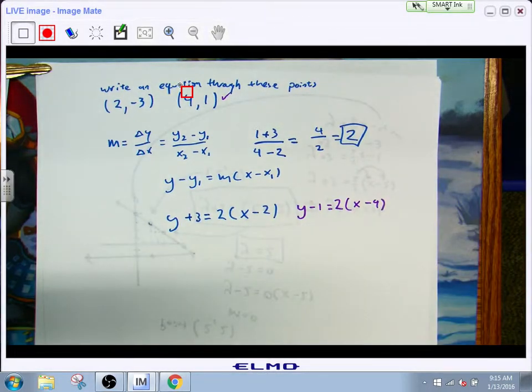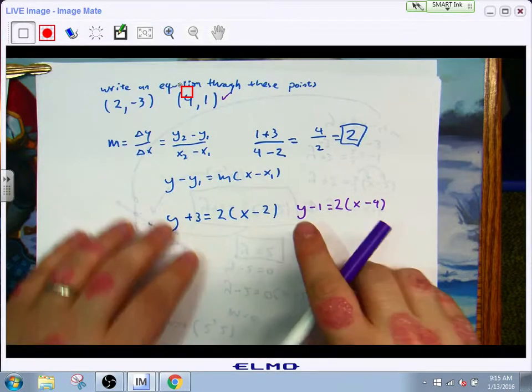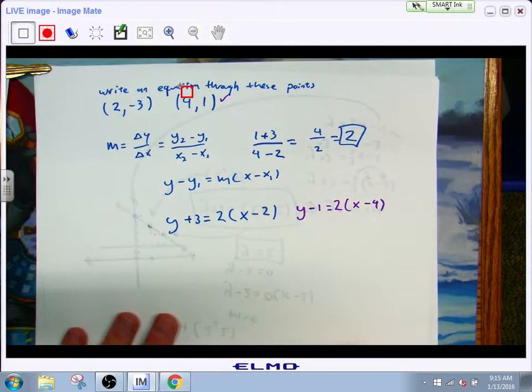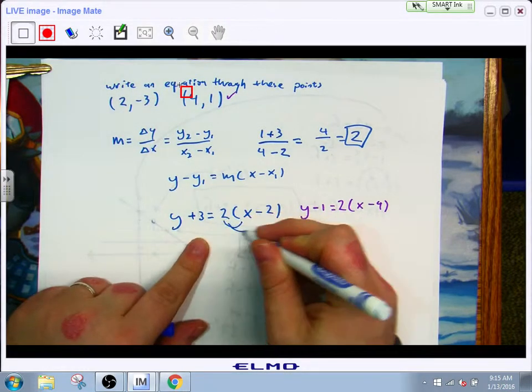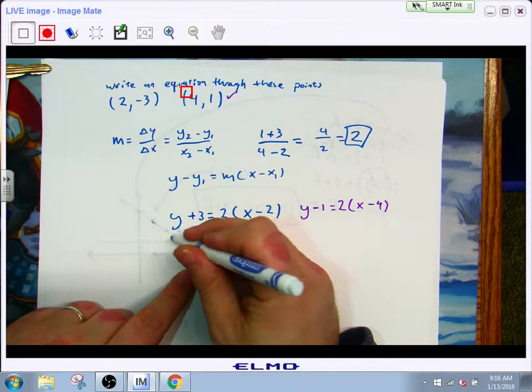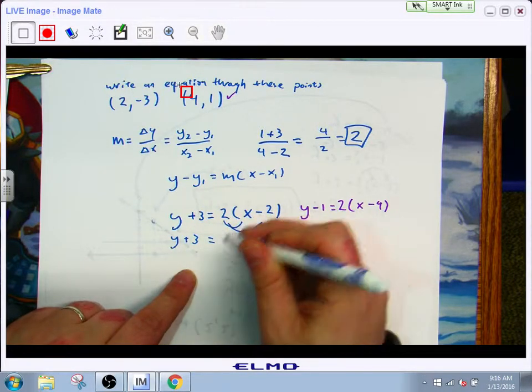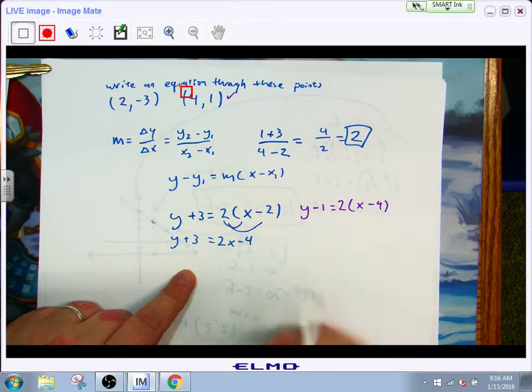And when you look at those, you might be saying, Victor, those aren't the same thing. Those are clearly very different. Well, let's find out if they're very different. Let's convert both of these into y equals mx plus b and see what happens. If I distribute this 2, I get y plus 3 equals 2x minus 4.